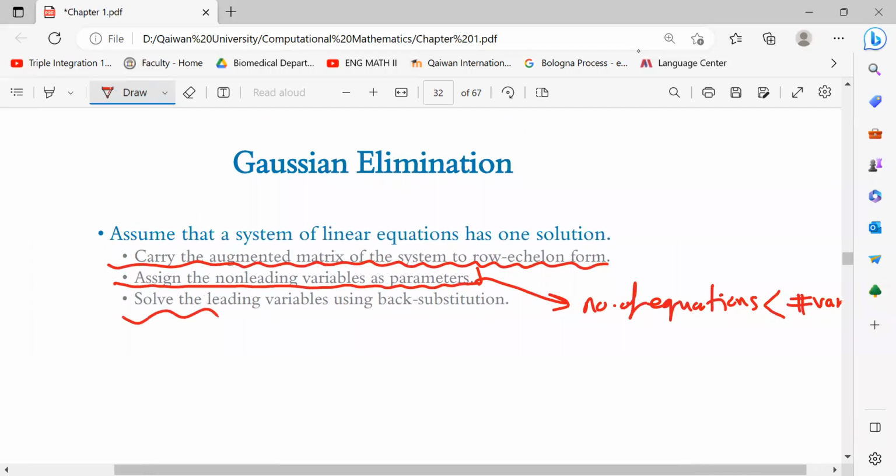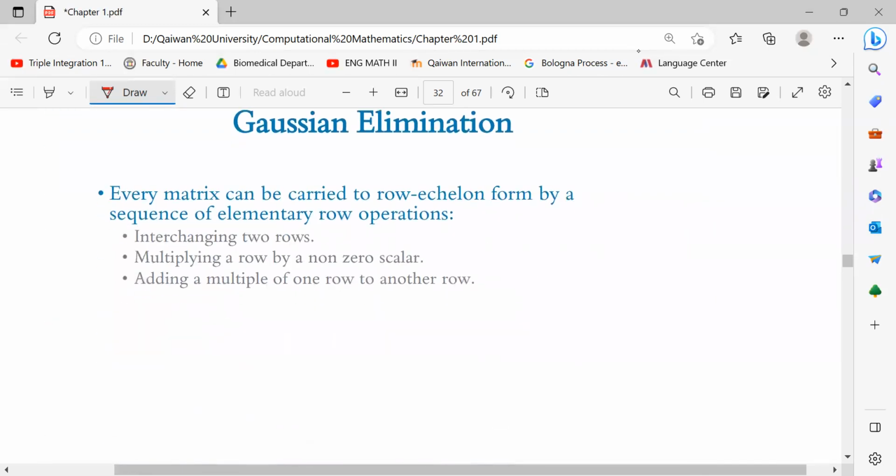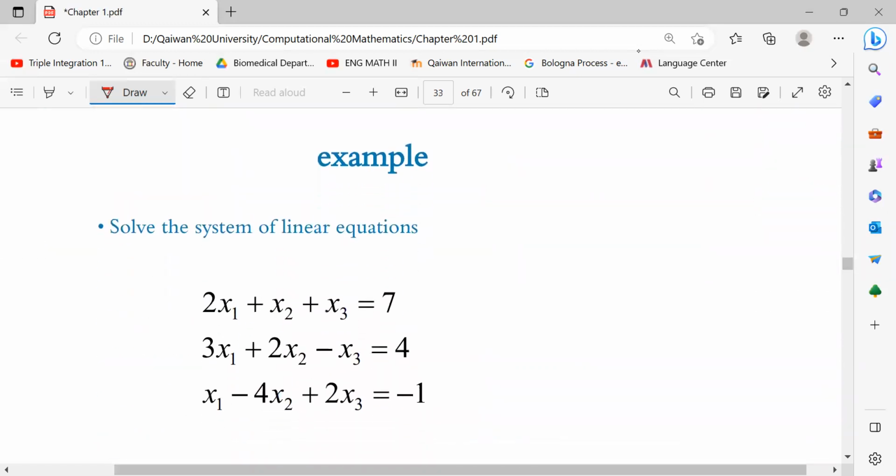Then we solve the leading variables by using back substitution. We do substitution from bottom to up to get the value of all variables. These are the operations that we could do on the matrix. That's all what we did before.